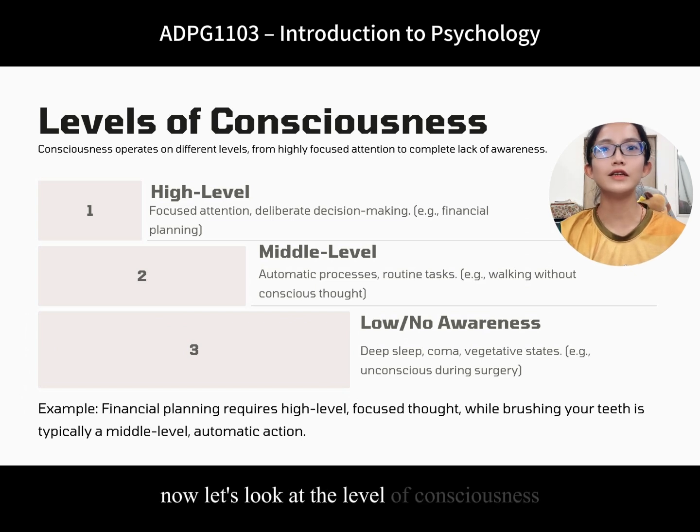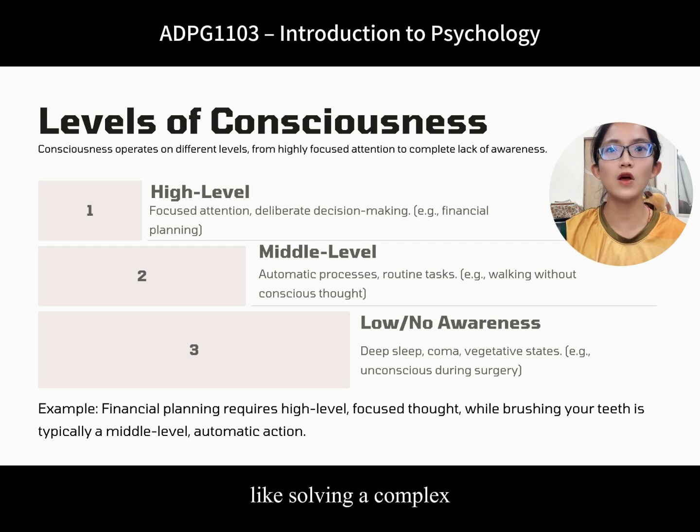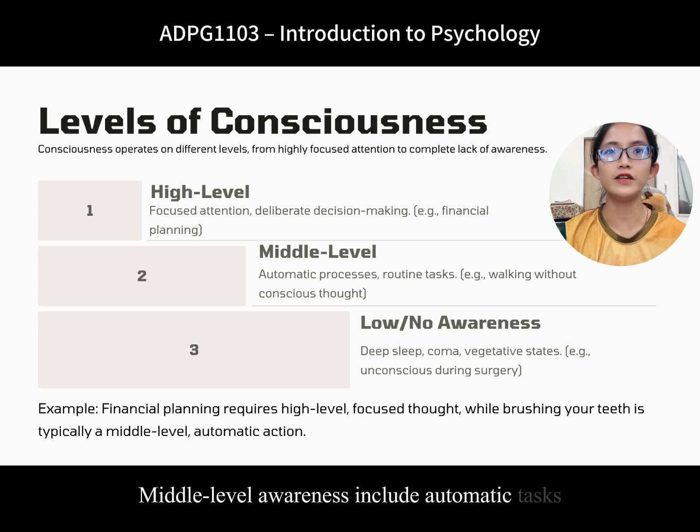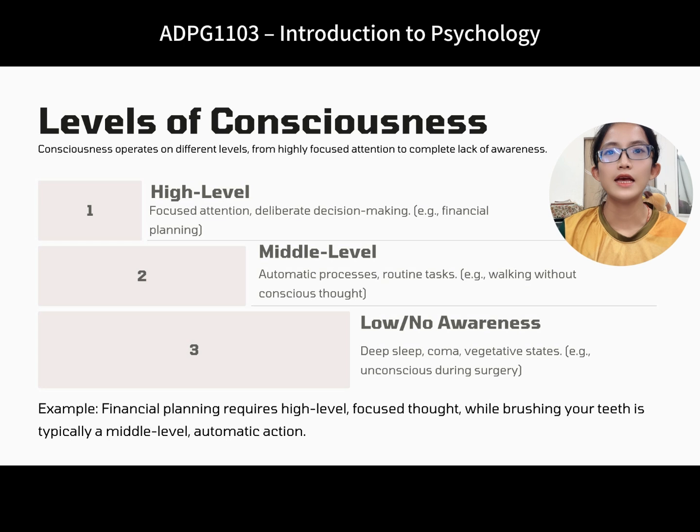Now, let's look at the levels of consciousness. High level awareness means full attention, like solving a complex math problem. Medium level awareness includes automatic tasks like riding a bicycle or typing without thinking. Low level or no awareness includes sleep, anesthesia, or being in a coma.